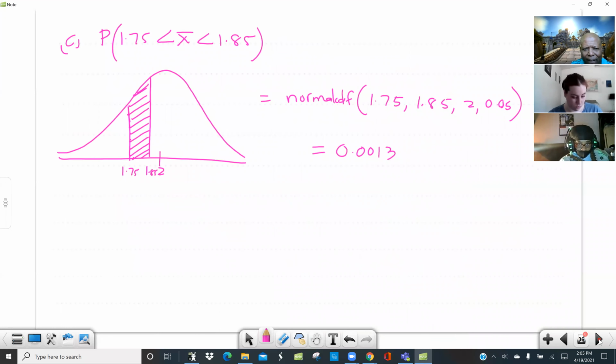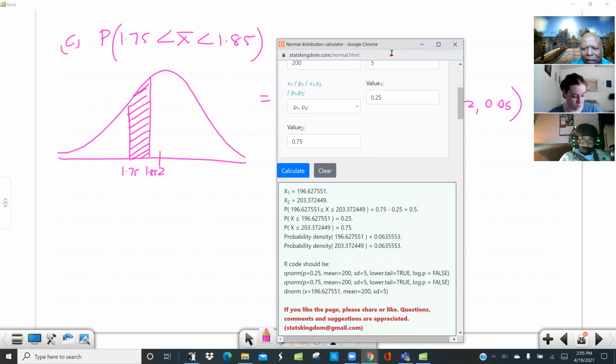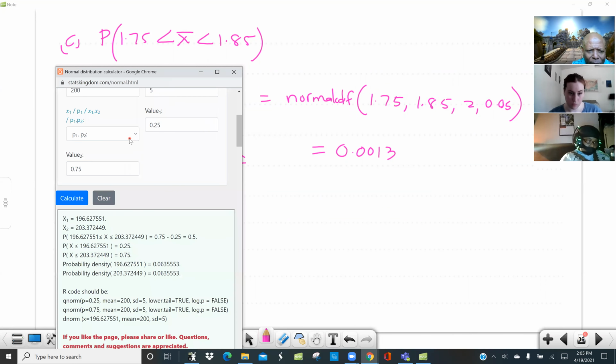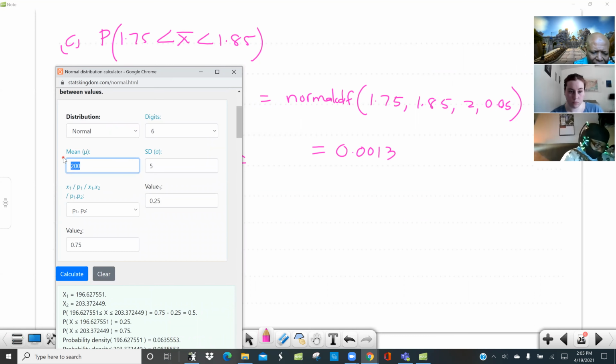Okay. Find the probability that the sample mean can be between 1.75 and 1.85, where we use the mean and standard deviation for the central limit theorem, which was a 2 here for the means, and this is 0.05.